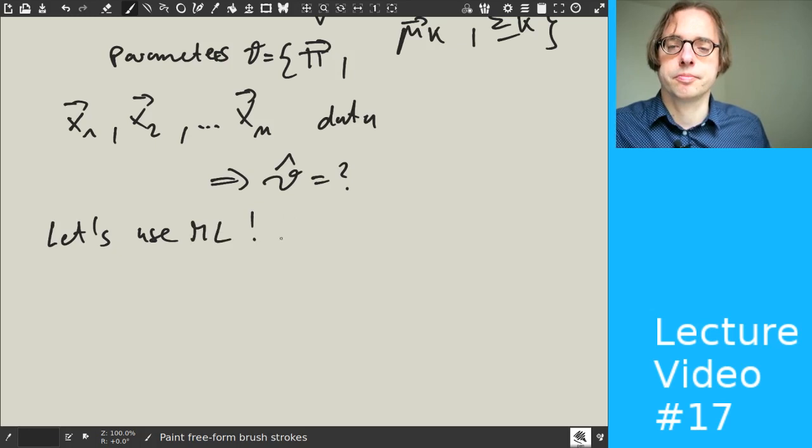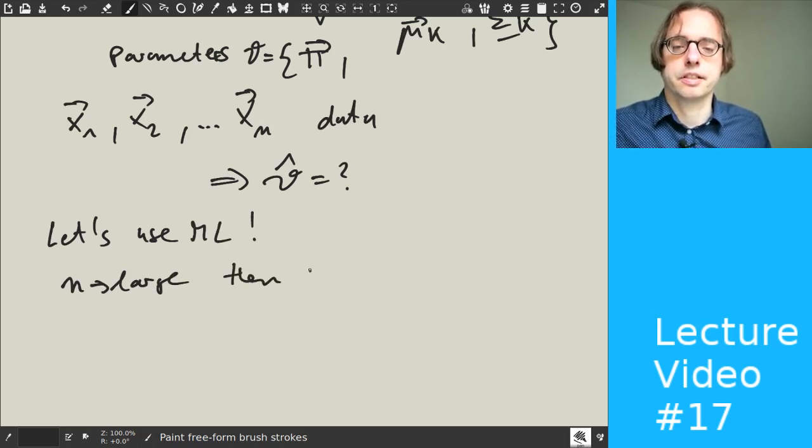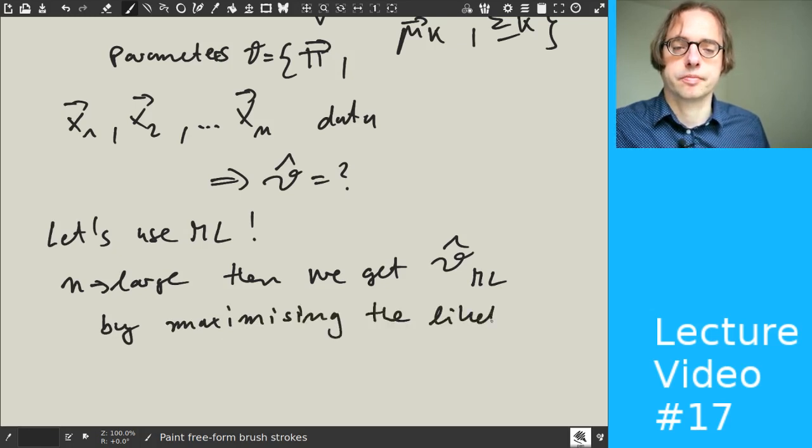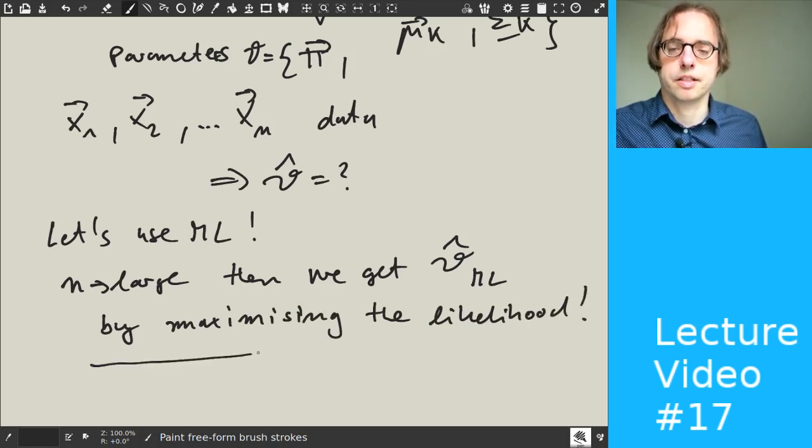So we assume n large, then we get theta hat ML by maximizing the likelihood. That's of course a good idea.